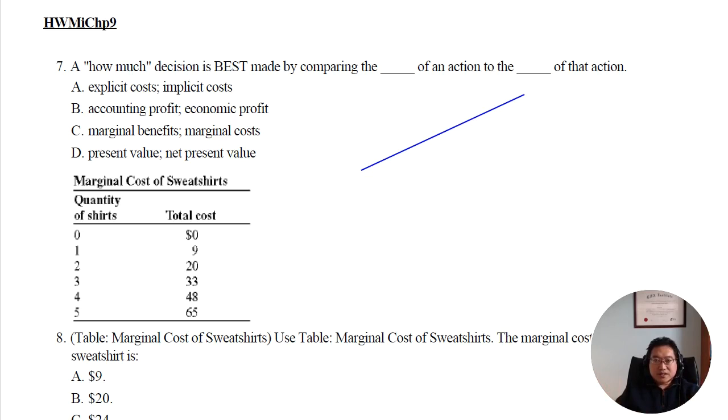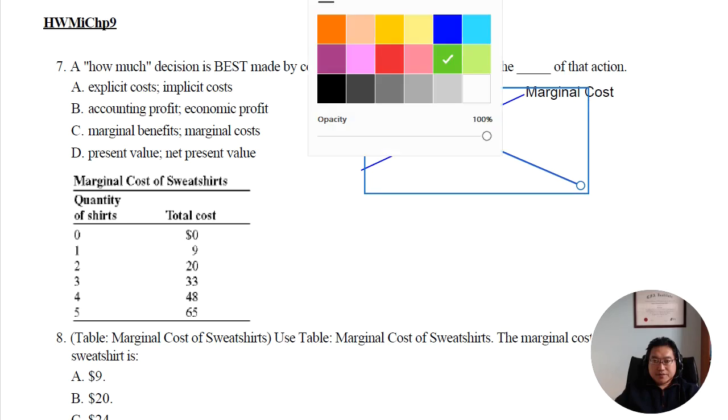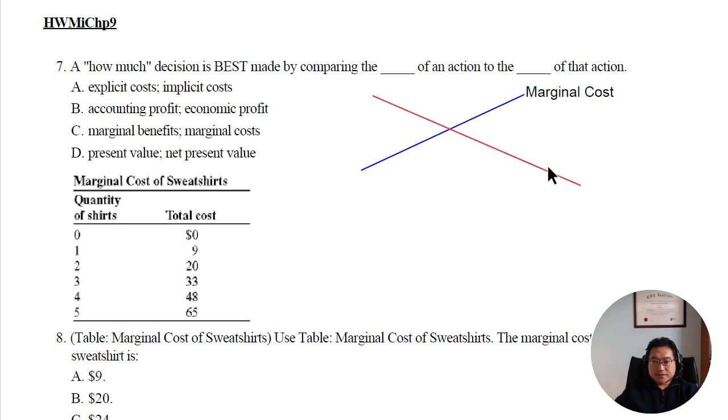I should write it here. Maybe this is my marginal cost. Okay, and then the marginal benefit may not be increasing. So let me write it. This one here is the marginal benefit. The marginal benefit, right?